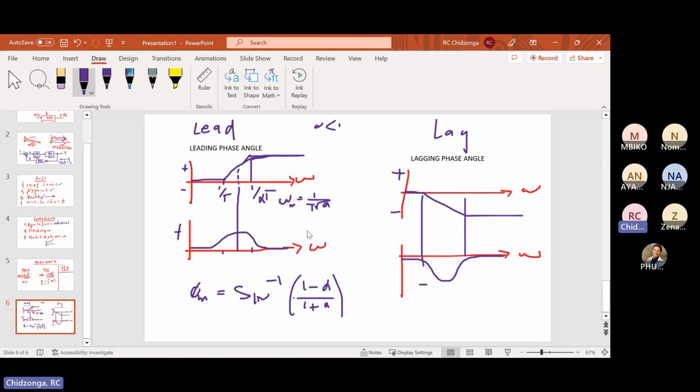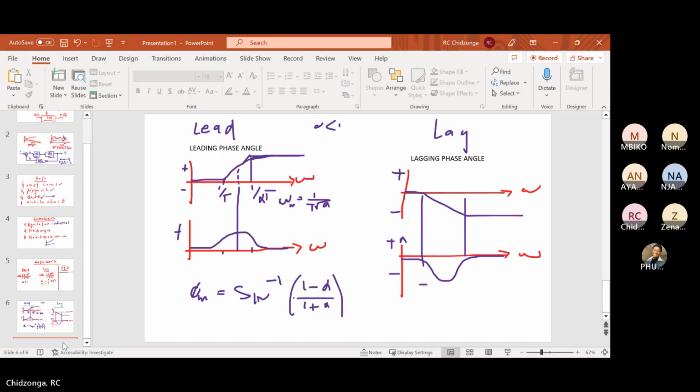The corner frequencies are still given by this. This provides negative angle. That's why it's called a lag controller. All right? So let's now talk about the PID controller before we run out of time. All right?